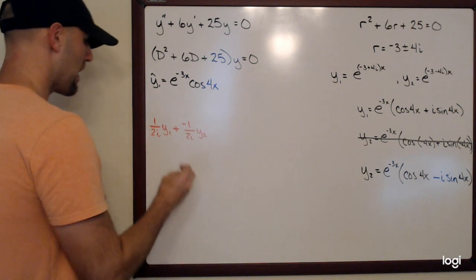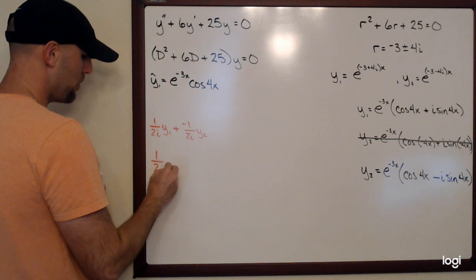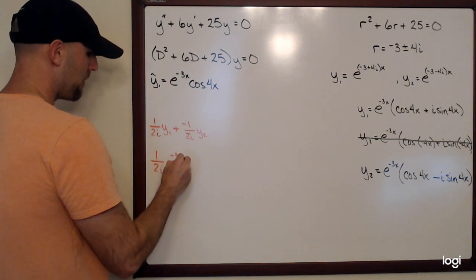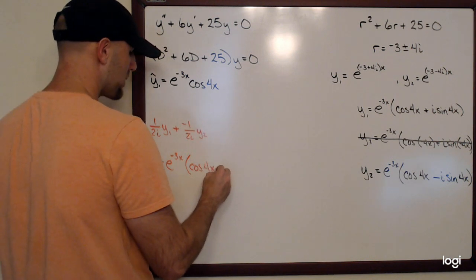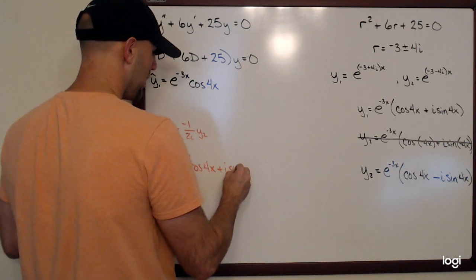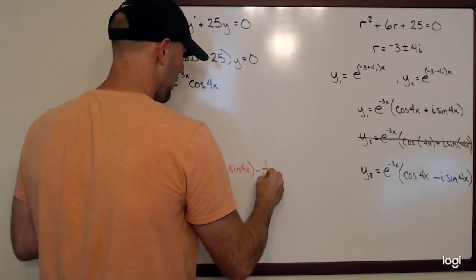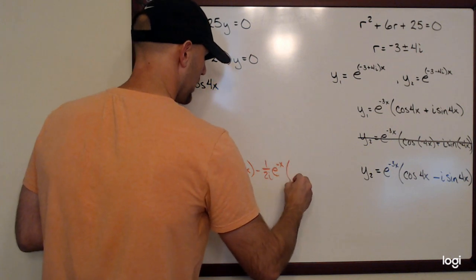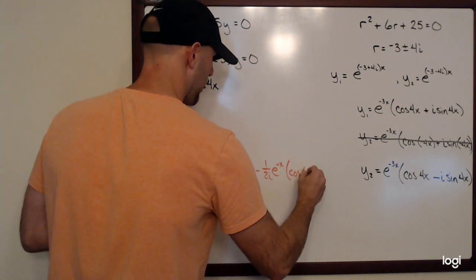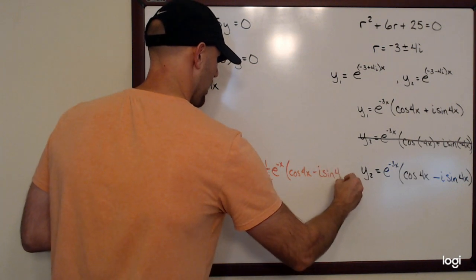Let's see what comes out there, okay? So that gives me 1 over 2i e to the negative 3x times cosine 4x plus i sine 4x, minus 1 over 2i e to the negative 3x times cosine 4x minus i sine 4x.